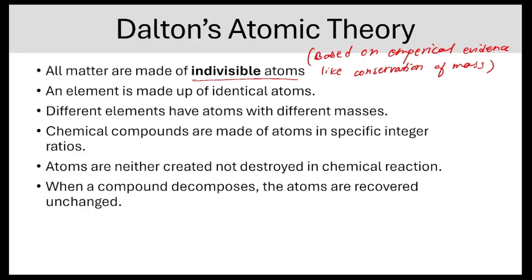He also pointed out that all atoms of a single element are identical. Now we know that there are isotopes with the same atomic number but different atomic masses, contradicting this point.